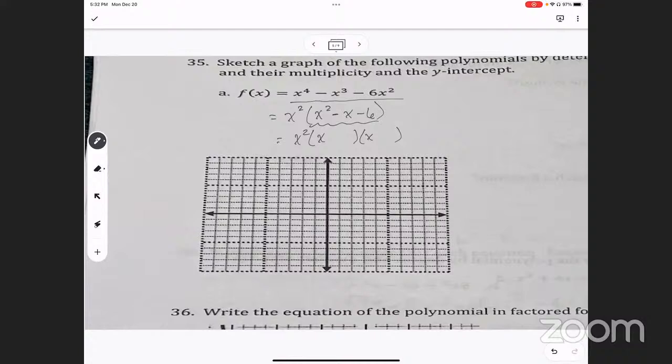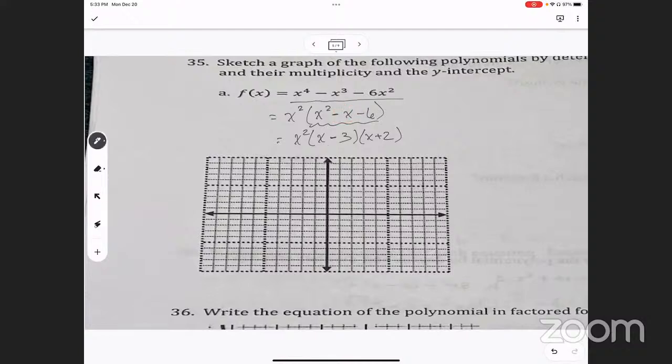What two things multiply to -6? It's either 6 and -1, or 3 and 2. Negative 3 and positive 2. Good, because these now are going to add. This is going to be -3x, and this is going to be +2x, which adds to -1x. So that's how you factor.